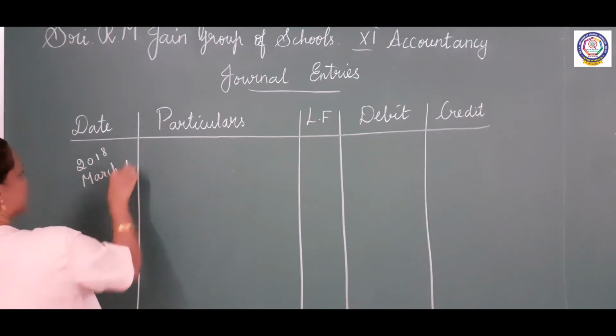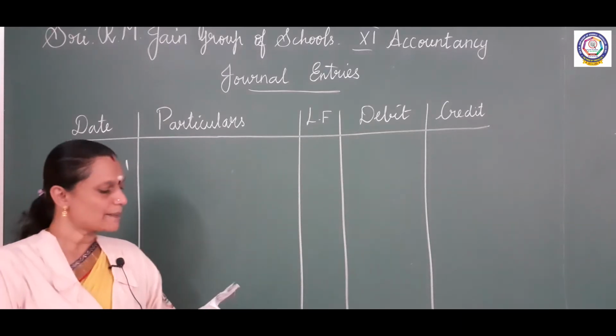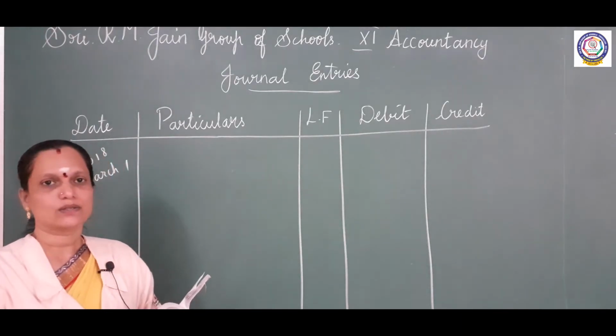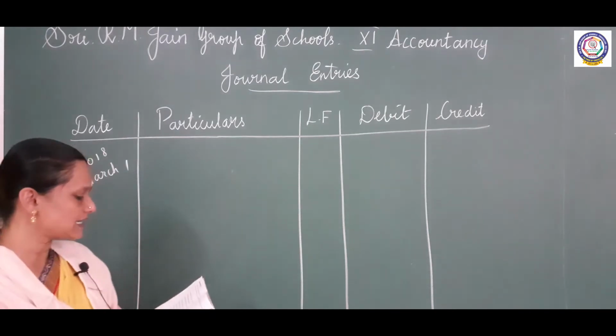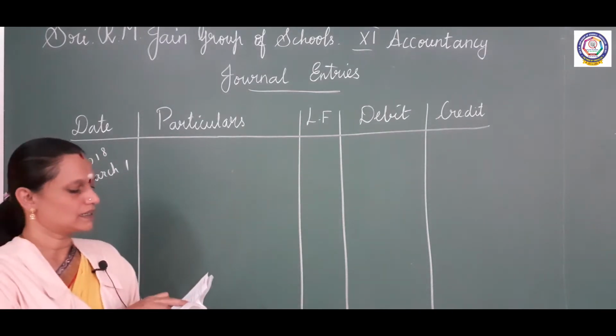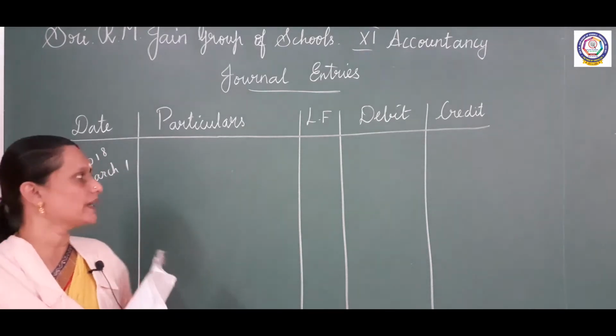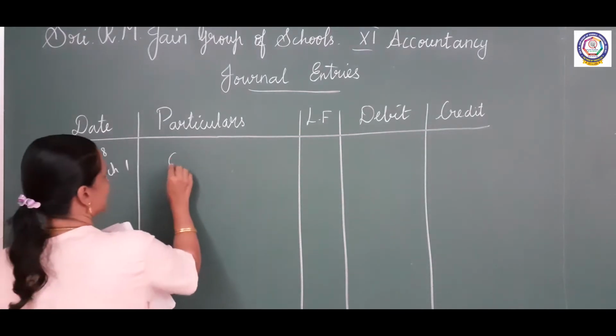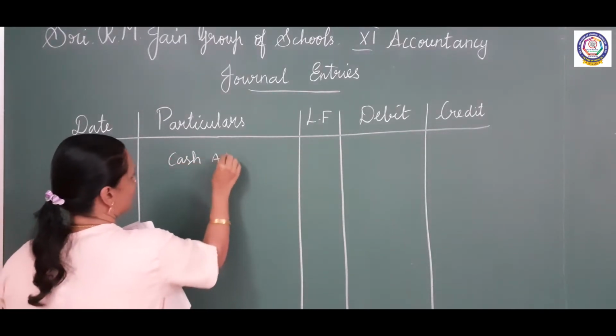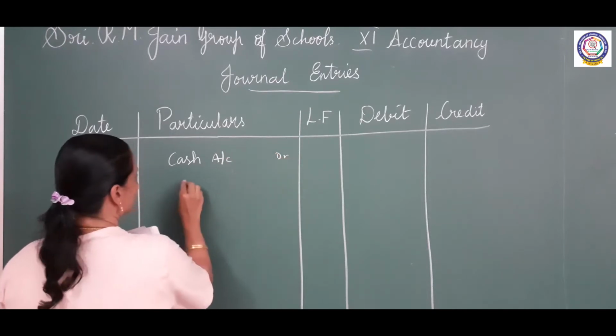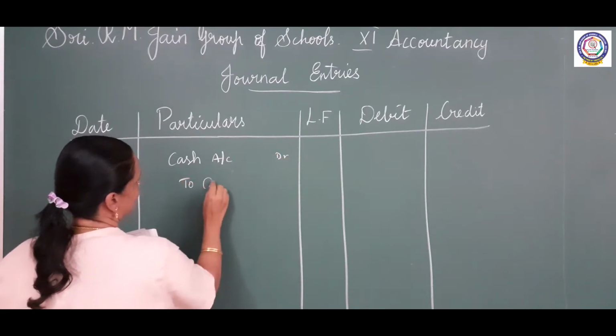March 1st. Commenced business with cash. So he started business with cash. Who is that? The person Chandran. So now the cash is coming inside. So cash account debtor to capital.